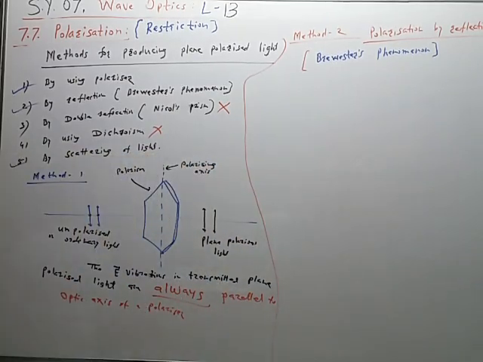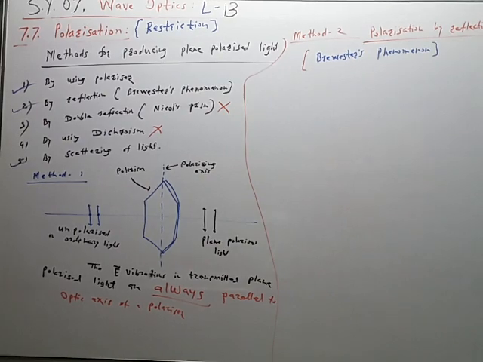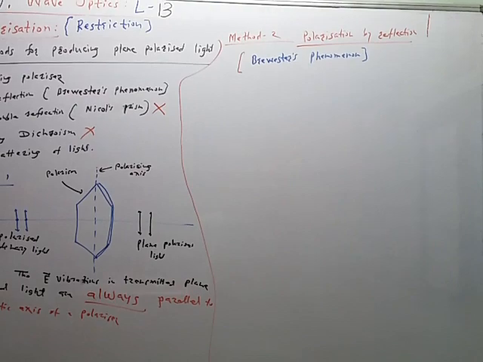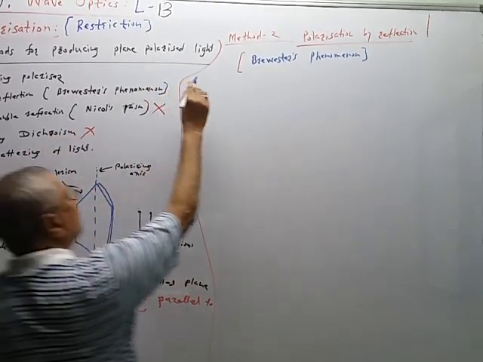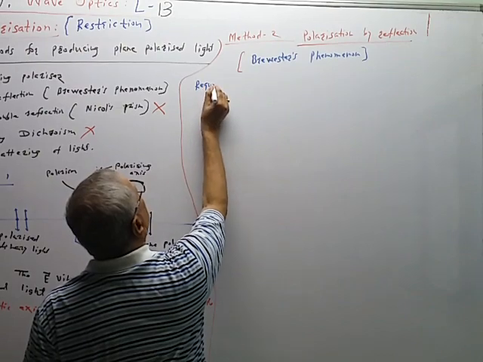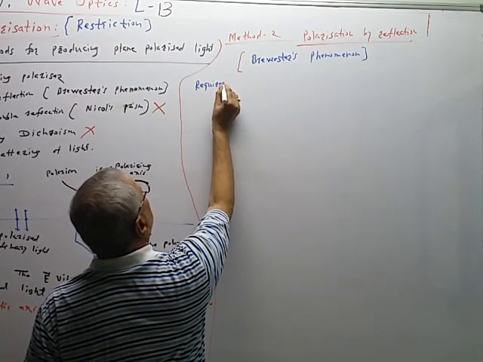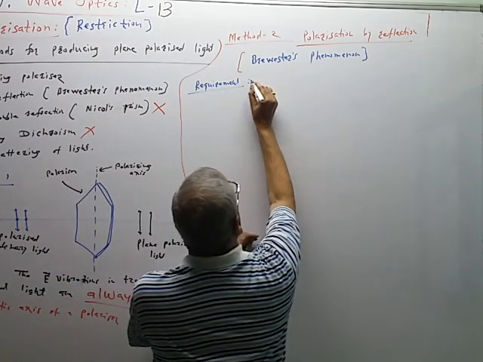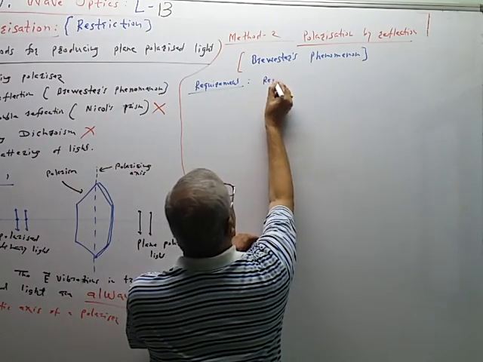So what is this Brewster's phenomenon? Requirement: the reflecting surface.